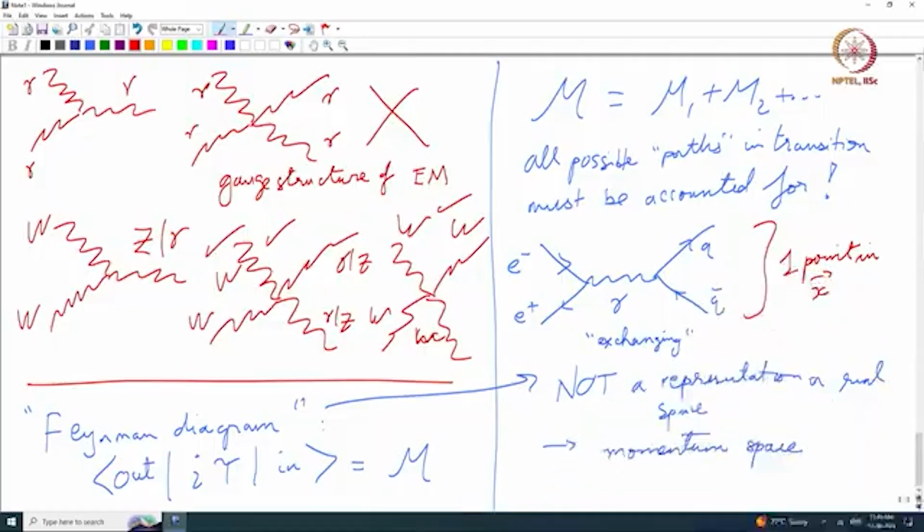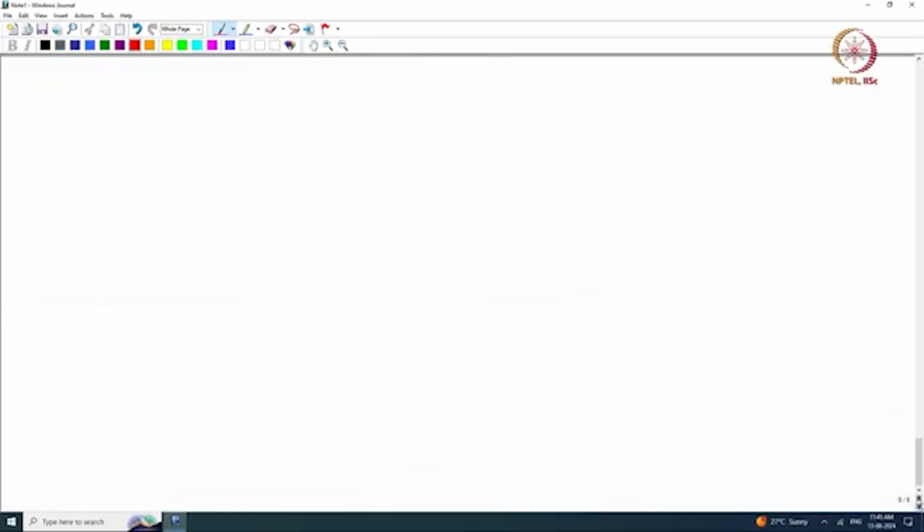Having said that, you may have encountered this, if not this is where you encounter it. When we draw Feynman diagrams, when we draw these amplitudes, we fix the direction of time. You will see this in Griffiths also.